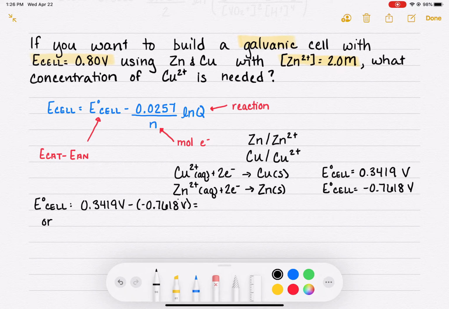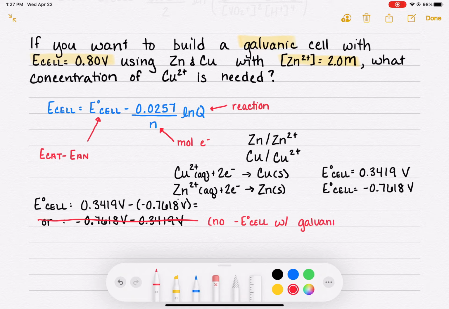So our two options here are 0.34 minus negative 0.76, or negative 0.7618 minus 0.3419. We can see that the second option is not correct because it gives us a negative voltage, which is not possible. No negative E cell when we're dealing with a galvanic cell.